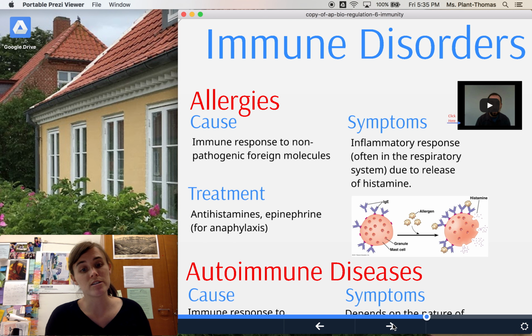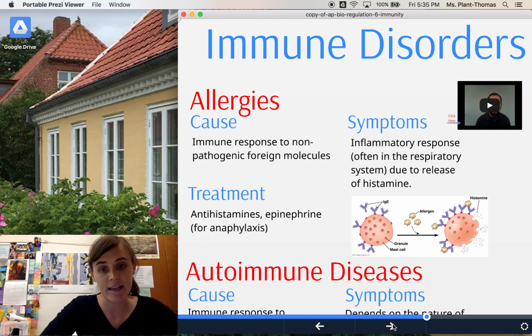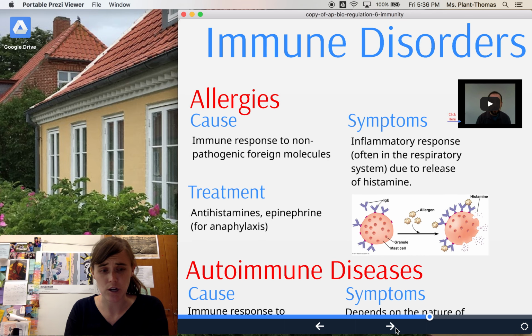And that person's immune system gets very hyped up, and there's a lot of histamines released, and it leads to that whole inflammatory response: the swelling, the redness, the blood rushing to that spot, all the pathogen that has entered the system. So that's an allergy in just super simplistic terms.